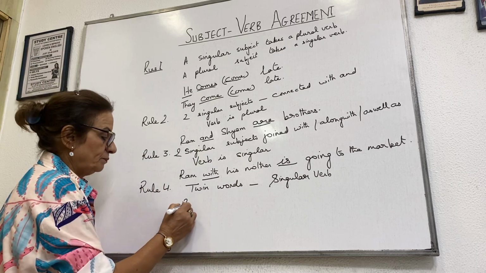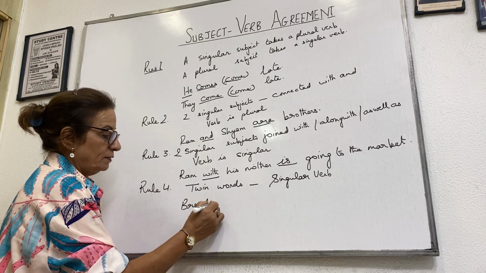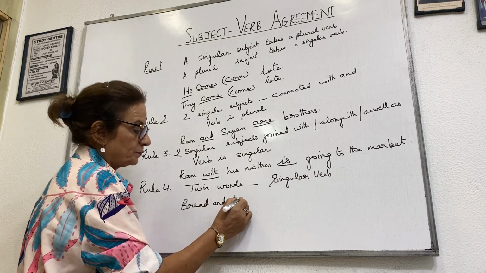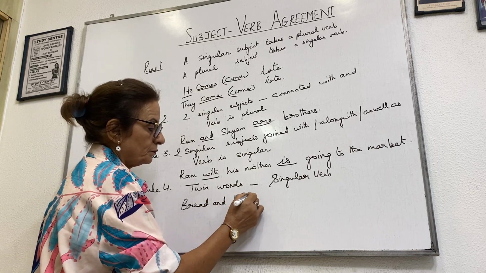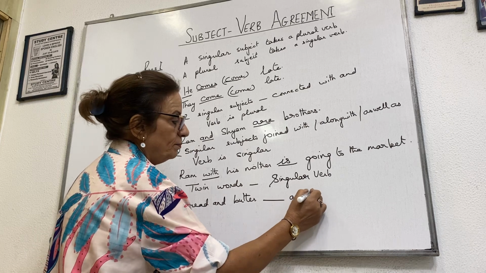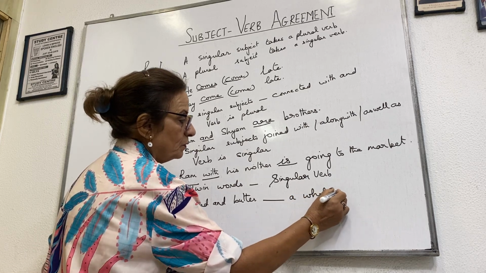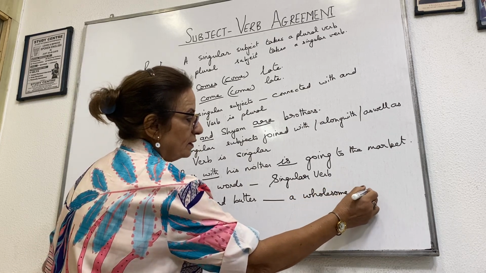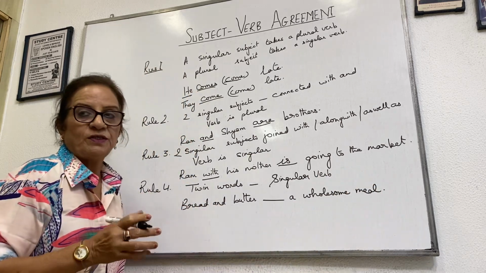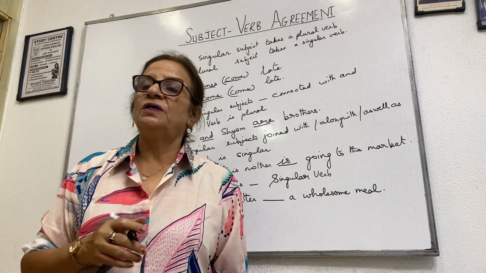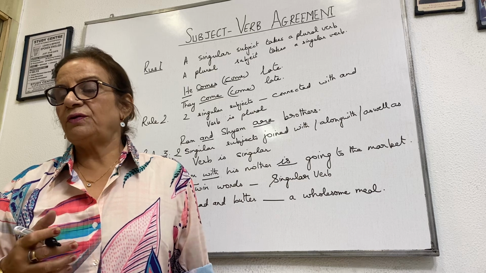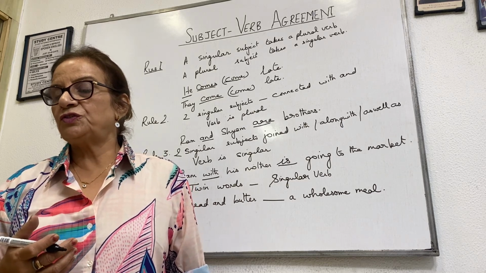For example, bread and butter is a wholesome meal. Wholesome means that if you take bread and butter, it has got all the nutrients and value, food value, nutritious.